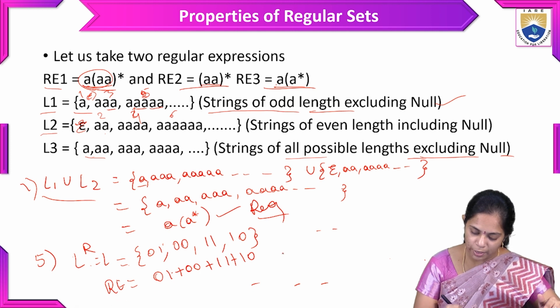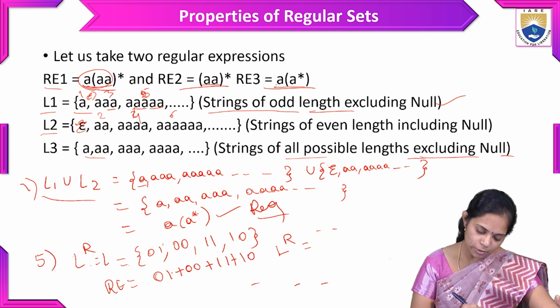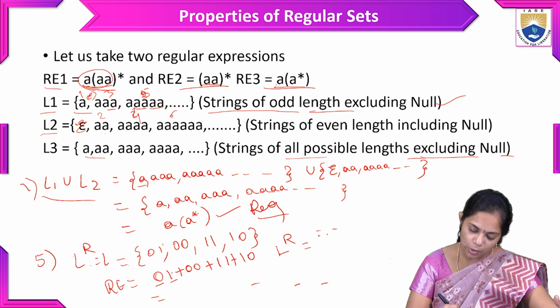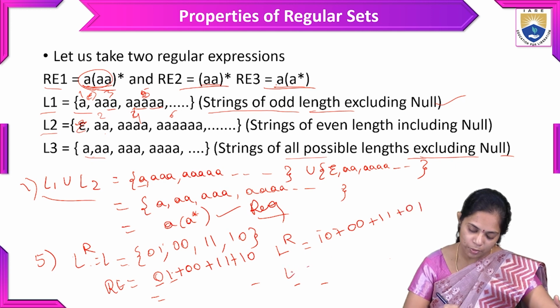For this one, what we have to do? We have to perform the regular reverse, the language reverse. So here what we will get? For reversing, instead of 01 we write 10, instead of 001 we write 100, and 10 becomes 01. So we are just reversing the strings. So this is the regular expression.